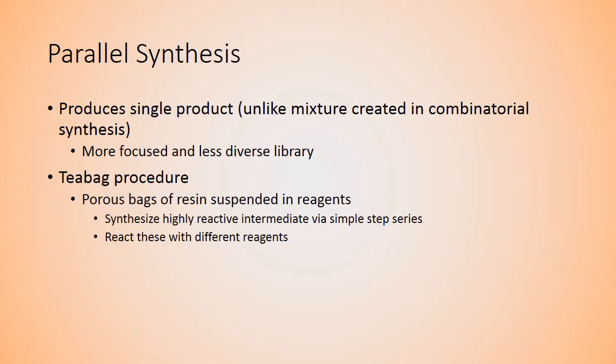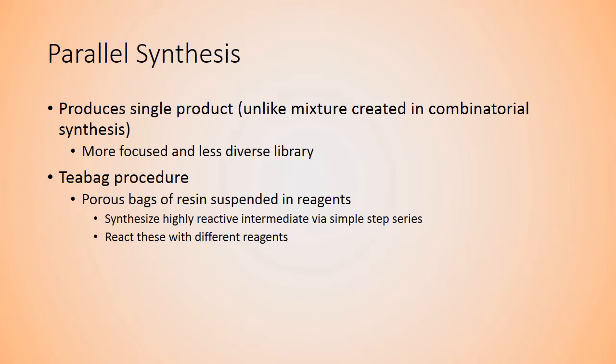The procedure they use for parallel synthesis is called the tea bag procedure. So they have these porous bags, again, made of resin, because resin is not going to react, but it's going to attract the particles. And they're going to be suspended in these reagents, all depending on what it is we're trying to react. We synthesize a highly reactive intermediate via a very simple series of steps.